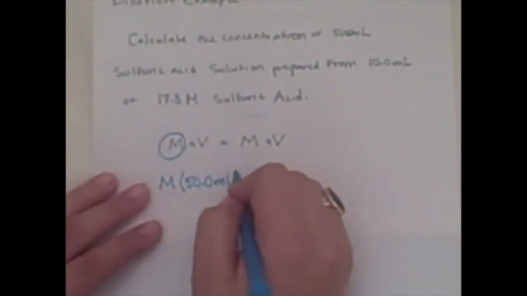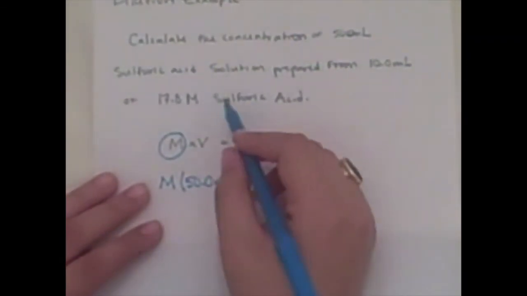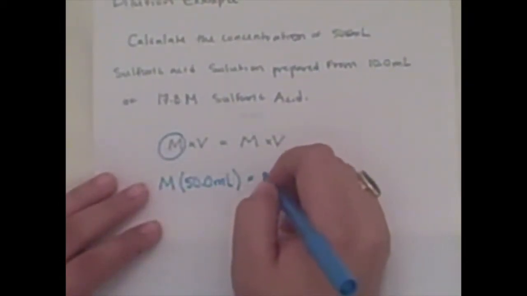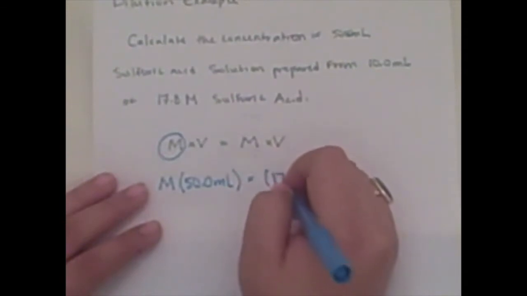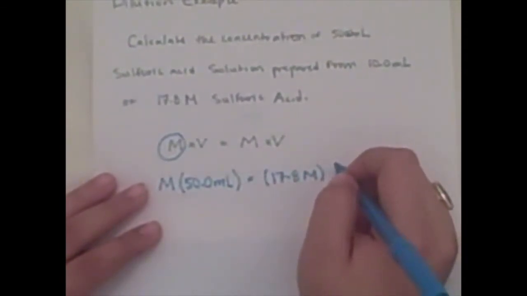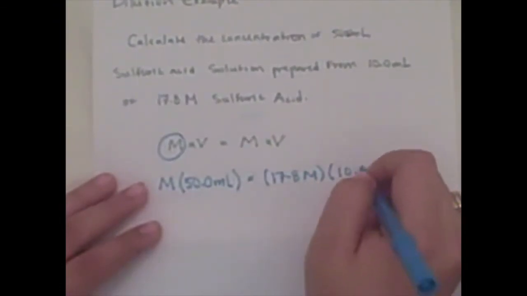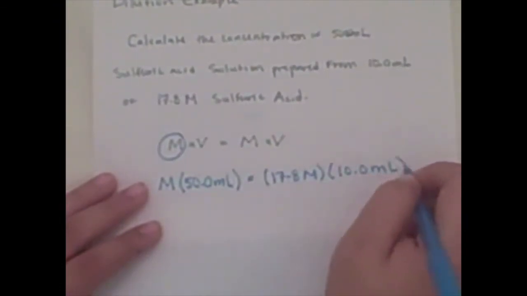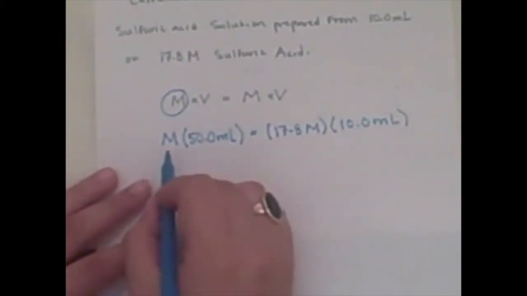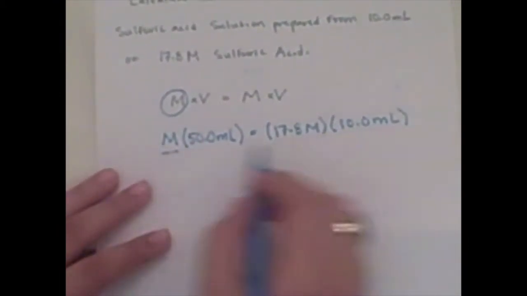and we have 50 milliliters of sulfuric acid, and we're relating it to the already prepared 10 milliliters. So we have 17.8 molarity of sulfuric acid with 10 milliliters of the solution. In order to solve for molarity, we just divide this over.